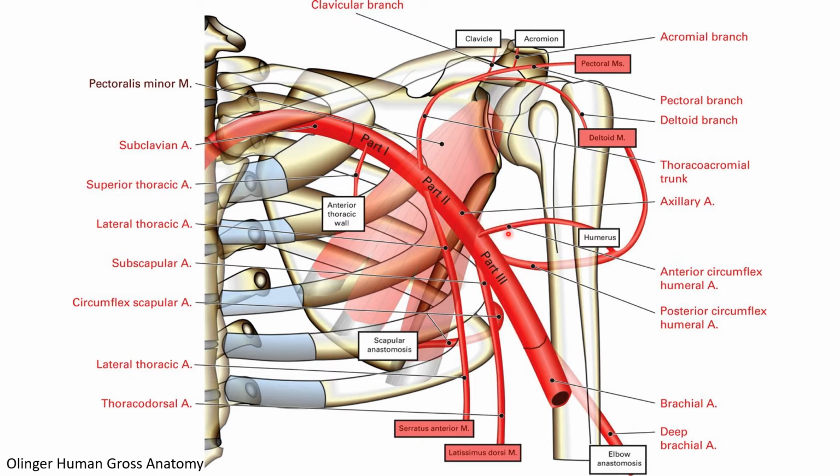You can see this branch coming off anterior to the humerus. This will be anterior humeral circumflex artery, and then posterior humeral circumflex artery. And these all come together and form an anastomosis, which is just a collateral circulation around the head and neck of the humerus.